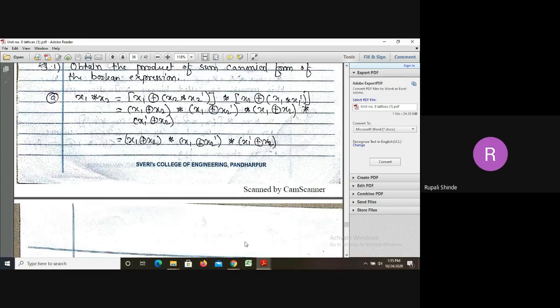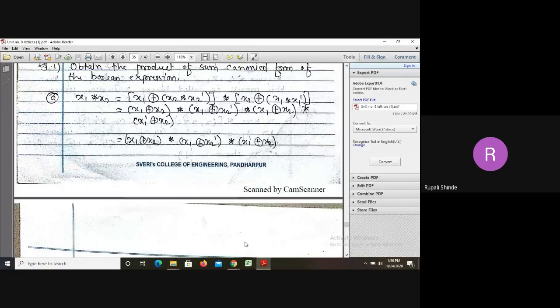The max term is x1 complement xor x2 xor x3 complement. For the second 0, the values are 1, 0, 0, so its max term becomes x1 complement xor x2 xor x3.